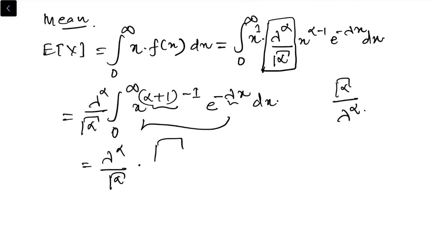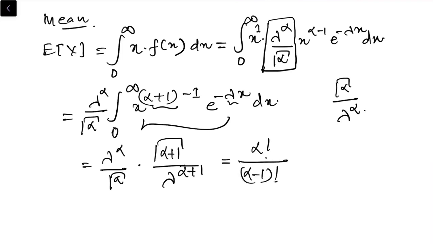So this is gamma alpha plus 1 divided by lambda to the power alpha plus 1. If we simplify this, we'll get alpha factorial divided by alpha minus 1 factorial times lambda, and this is simply alpha by lambda, right?